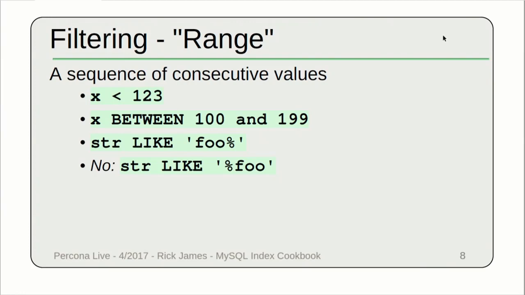A range is where you're doing between or less than or things like that. A LIKE, as long as it doesn't have the wildcard at the beginning, is also a range. Anything beginning with foo, well, they're all going to be consecutive in the index. So that's a range. You're looking at a range of numbers within the index.